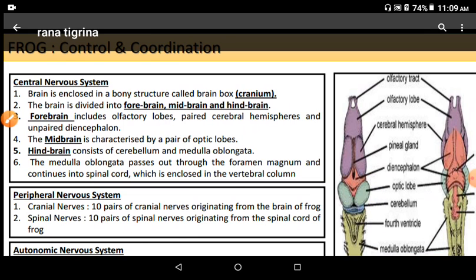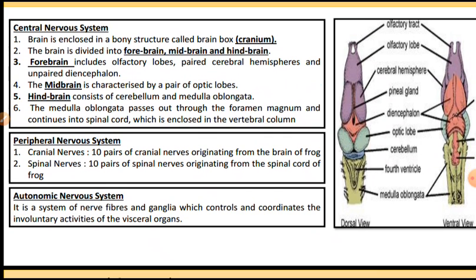The hindbrain consists of cerebellum and medulla oblongata. The medulla oblongata passes out through the foramen magnum and continues into the spinal cord.